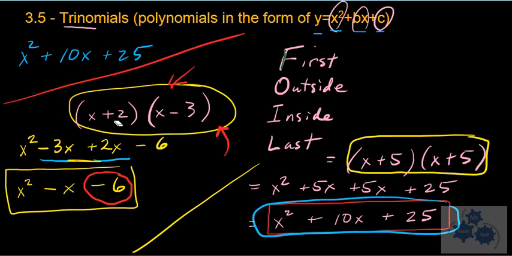Come on, think about it. The positive 2 and the negative 3 multiply together to get you what? Negative 6. So when you're looking at factoring a trinomial like this, you want to consider the factors of negative 6. It looks like those factors might be important in your final factored form.